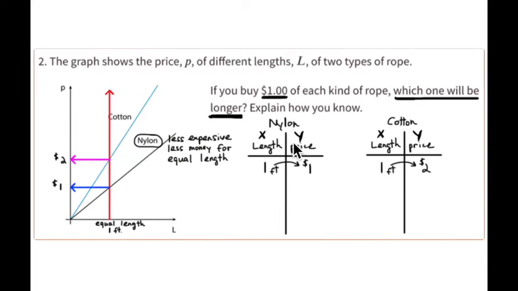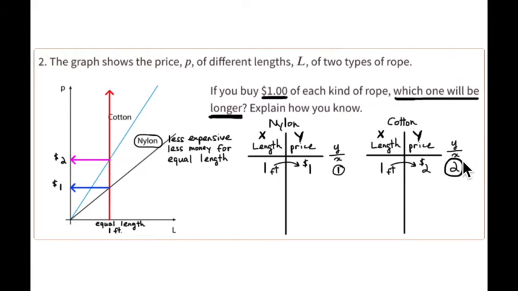So the constant of proportionality for nylon rope is 1, but the constant of proportionality for cotton rope is $2 per that same 1 foot. So the constant of proportionality for cotton rope is 2. So it has a higher constant of proportionality, so cotton rope is this steeper slant right here. Costs more. So this is the constant of proportionality for nylon and the constant of proportionality for cotton.